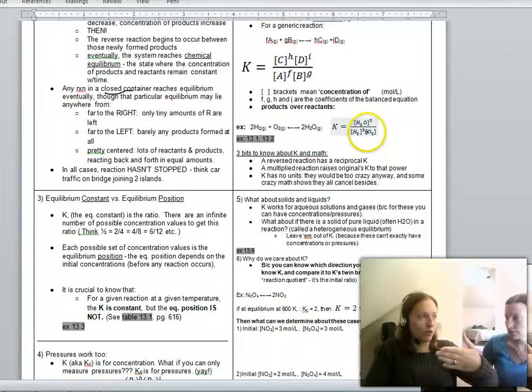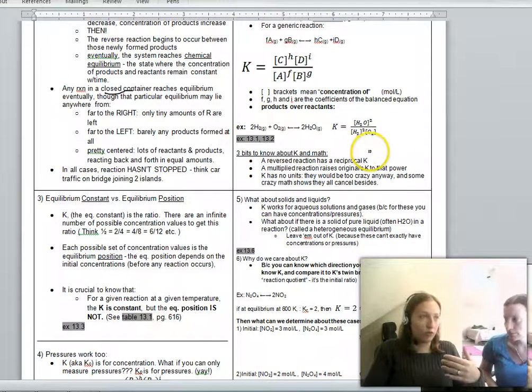If you flip it over, all you've done is reactants over products. And so you can just take your number and flip it over, 1 over that answer, or you can use the to-the-negative-1-power button on your calculator. So a reversed reaction has a reciprocal for the K.